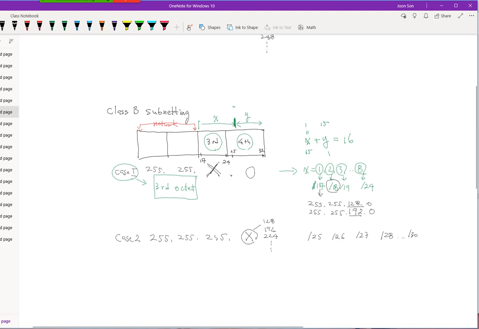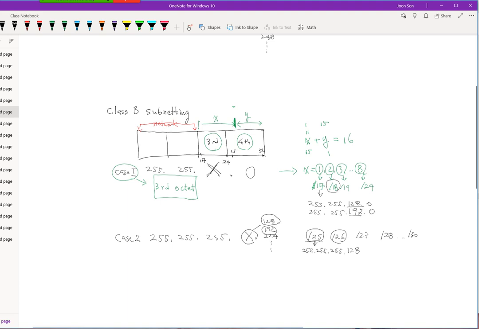For slash 25, meaning 255.255.255.128, that's the subnet mask given, which is slash 25. Slash 26 is going to be 192, and so on.